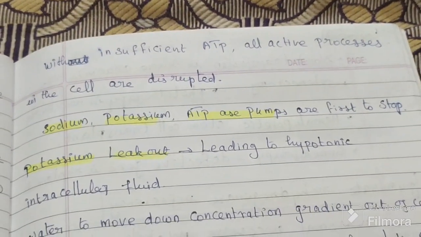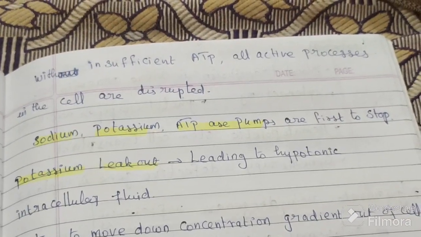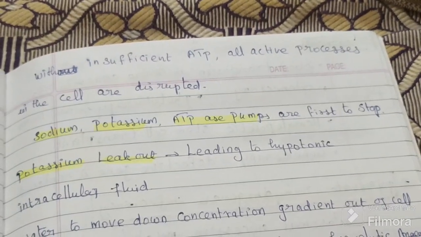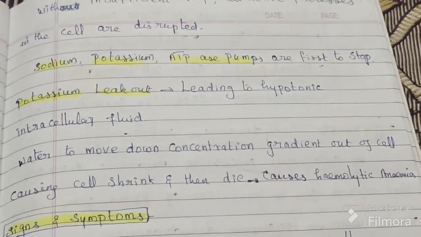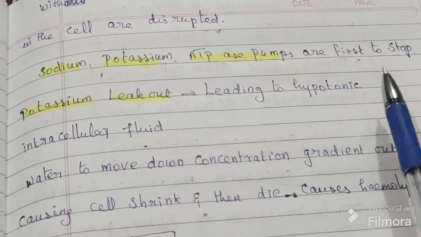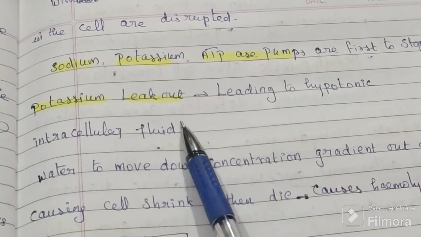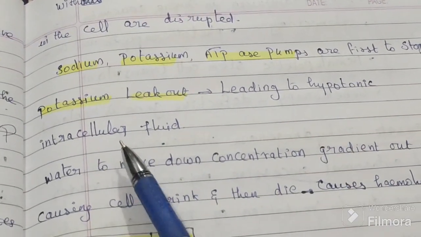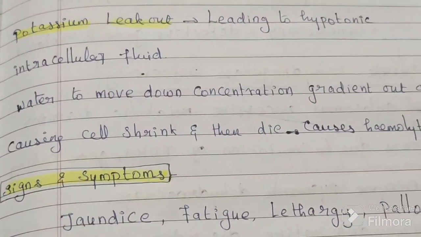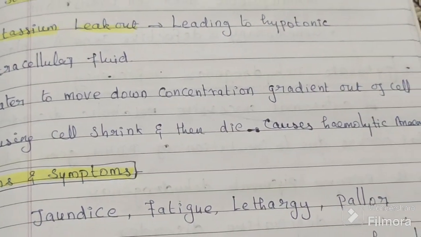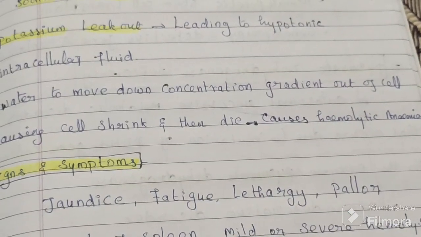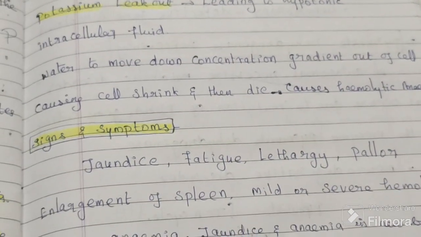This causes water to move down the concentration gradient out of the cell, causing the cell to shrink and then die. This causes hemolytic anemia.